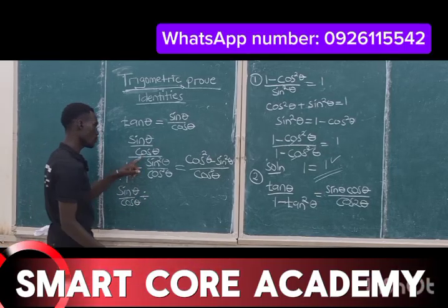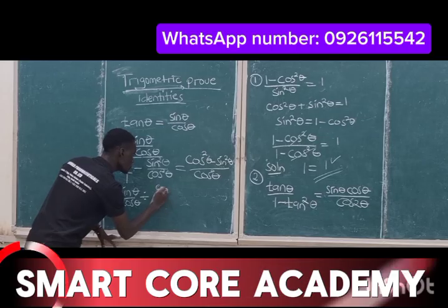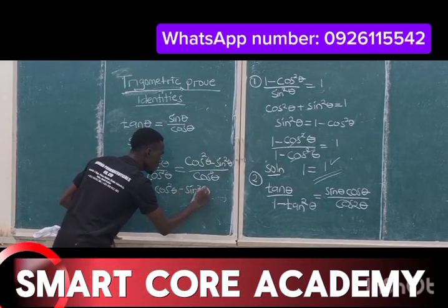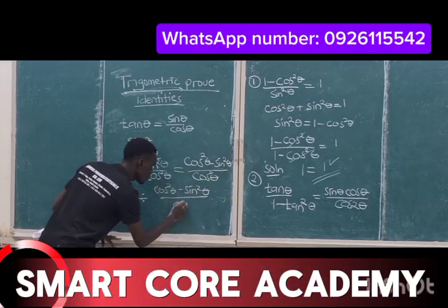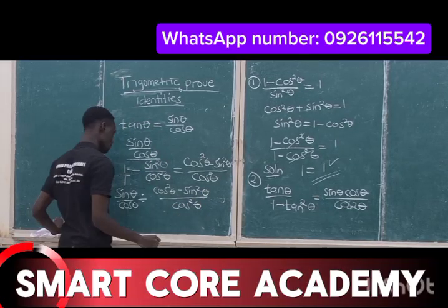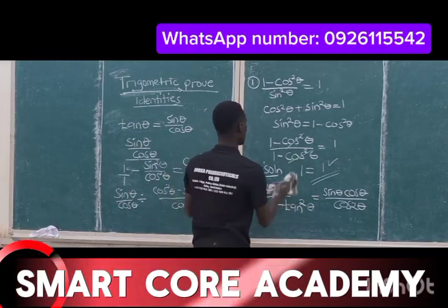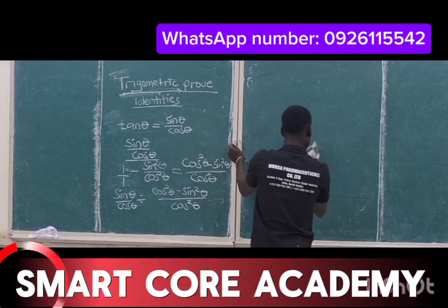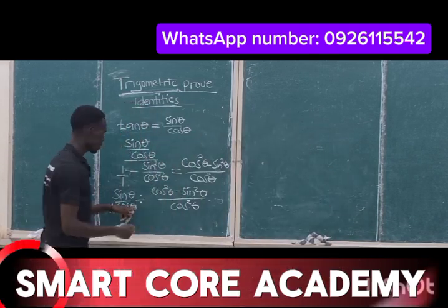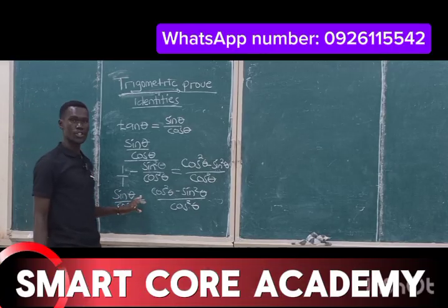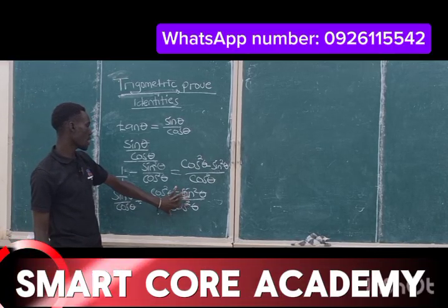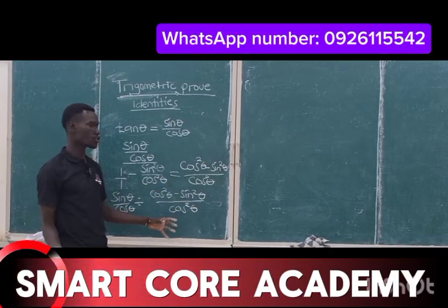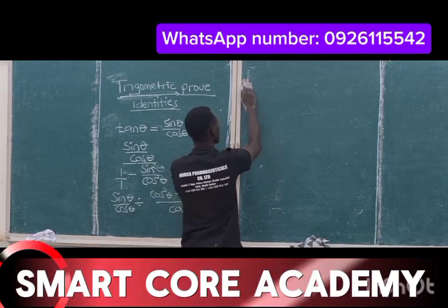We put this division form, cos square theta minus sine square theta, the whole of it all over cos square theta. Here is the division sign. When we change to multiplication sign, this part of the denominator will go on top as the numerator comes down. They will reciprocate. So let's apply it.